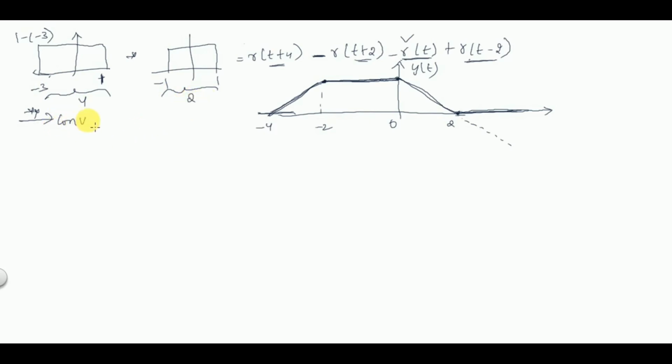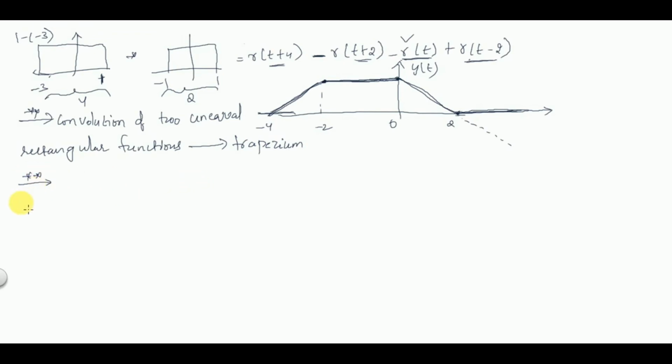So the statement you can write here is: convolution of two unequal rectangular functions results in a trapezium. This is the important point which you have to remember.